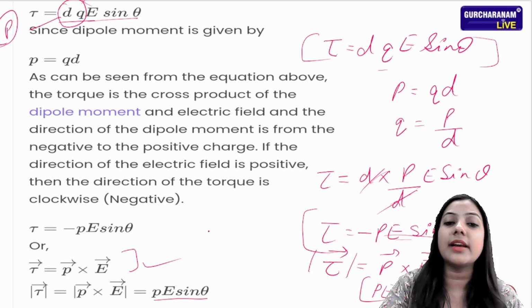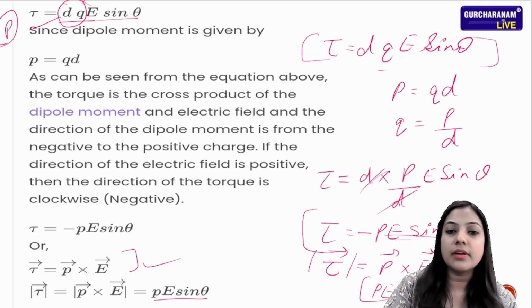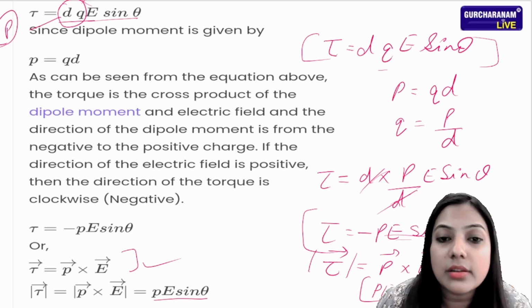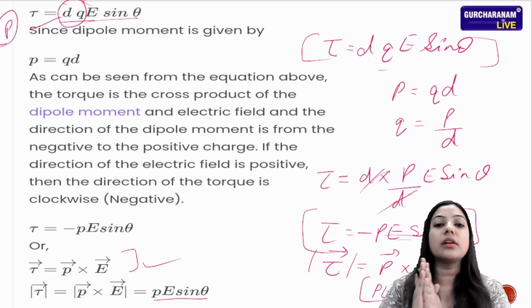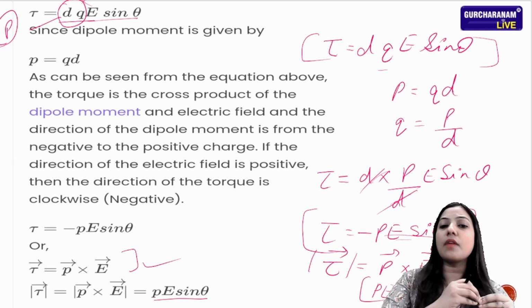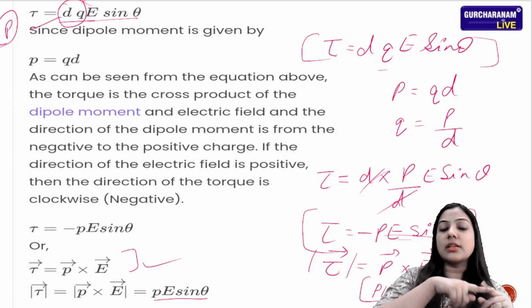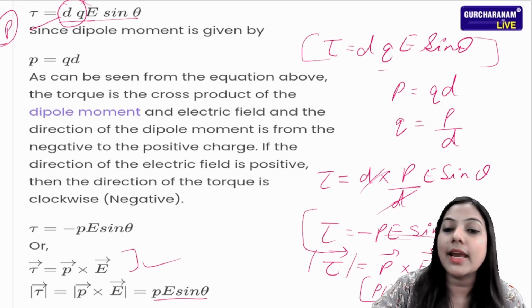The direction of the dipole moment is from negative to positive, so if the direction of electric field is positive, then the direction of torque is negative. So we put the negative sign here.